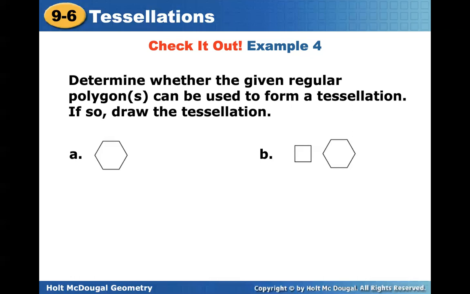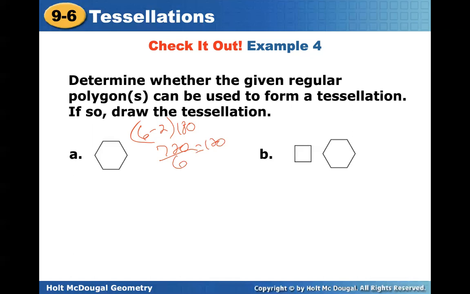All right, let's take a look at these. The first one is a hexagon. If you take 6 minus 2 times 180, you get 720, and if we divide that by 6, we get 120 degrees at each angle.